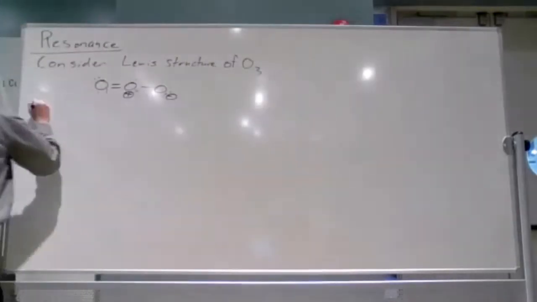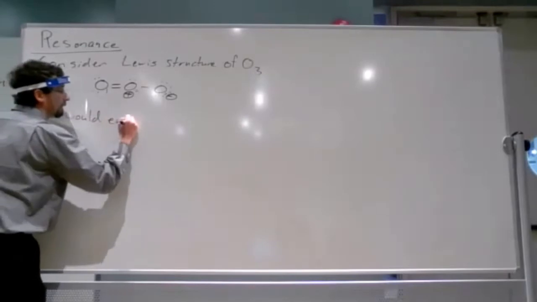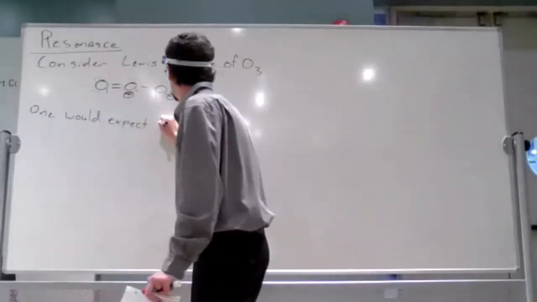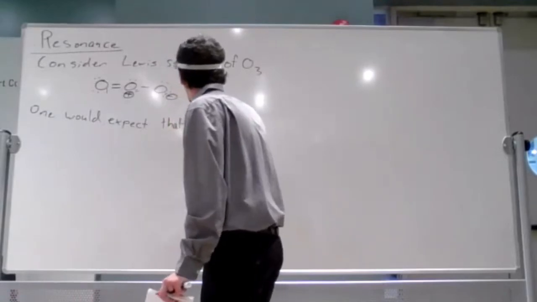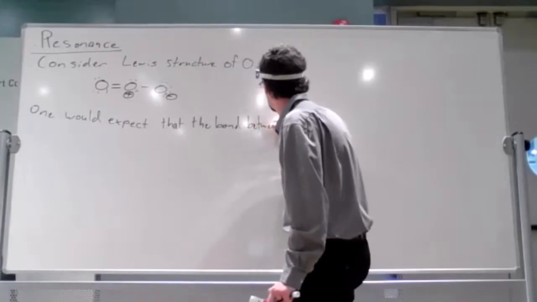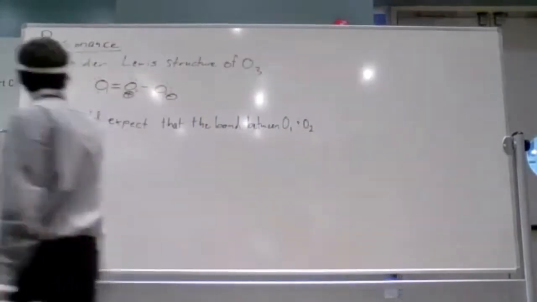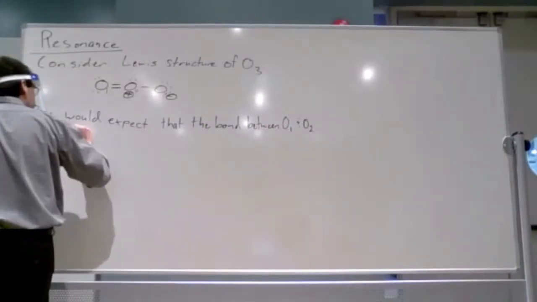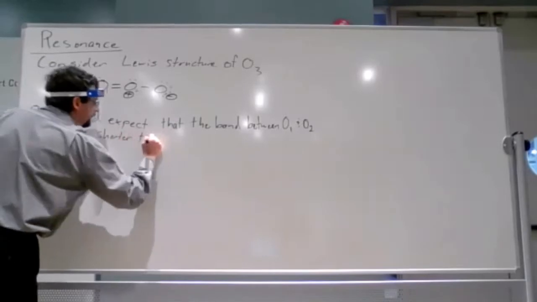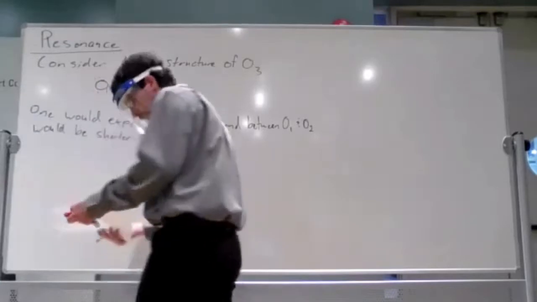So one would expect that the bond between oxygen 1 and oxygen 2 would be shorter than oxygen 2 and oxygen 3.